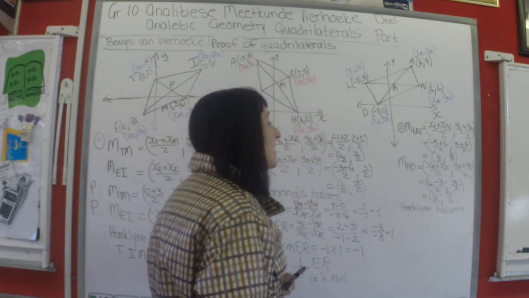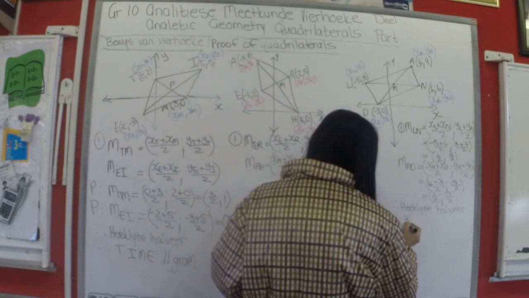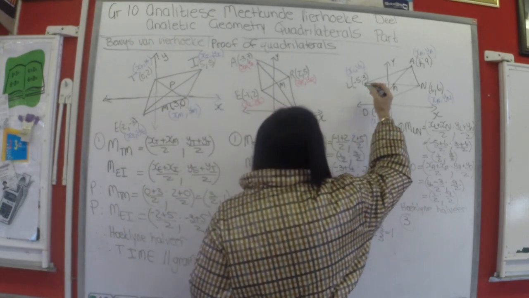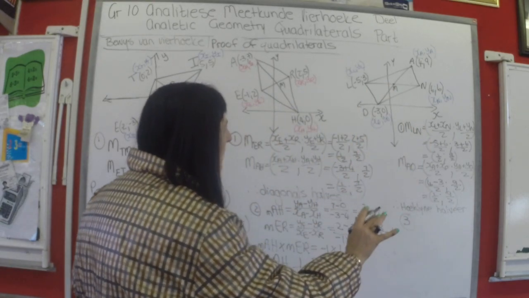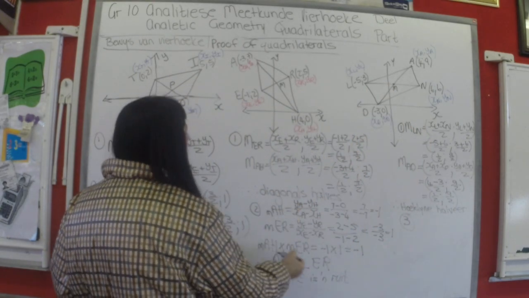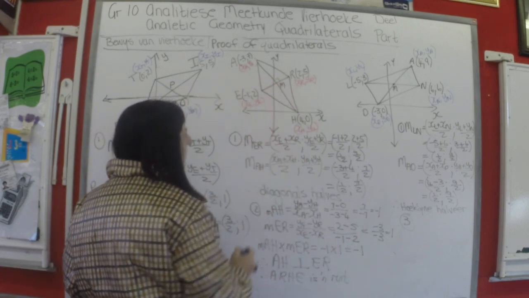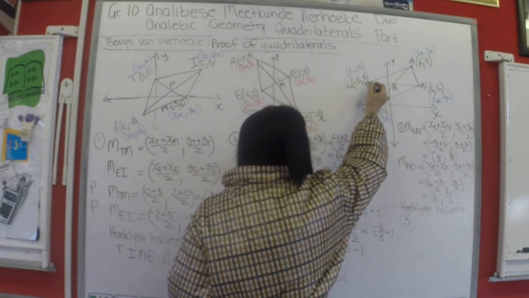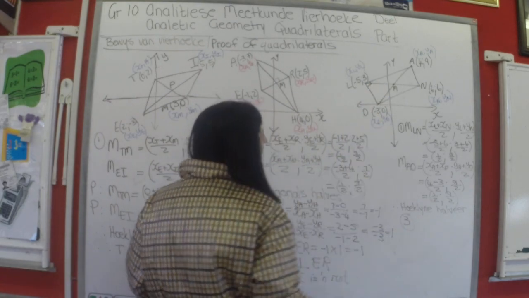The next thing, that's the third thing that I must prove for a rectangle. The second thing is not applicable at a rectangle, en dit is om te bewys dat hoeklyne mekaar 90 halveer soos daarso. Maar by die reghoek moet ek bewys dat die sye 90 grade op mekaar is.